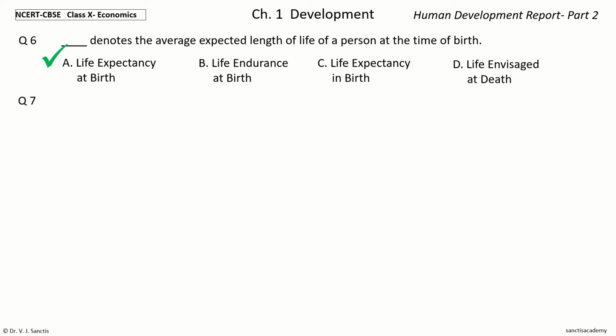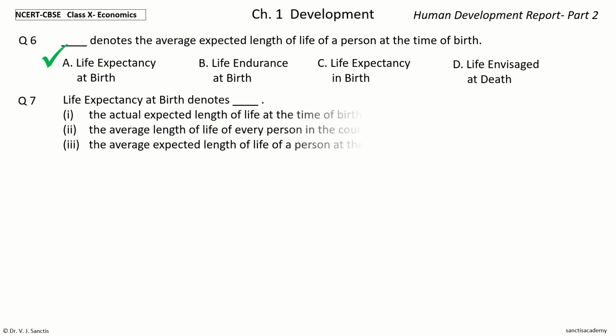Question 7. Life expectancy at birth denotes dash. Number 1. The actual expected length of life at the time of birth of a person. Number 2. The average length of life of every person in the country. Number 3. The average expected length of life of a person at the time of birth.